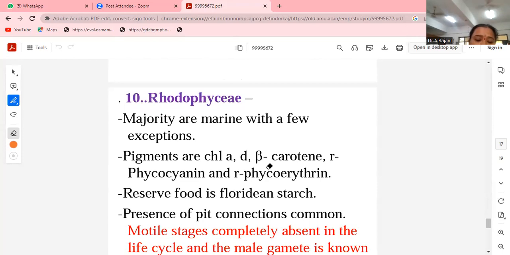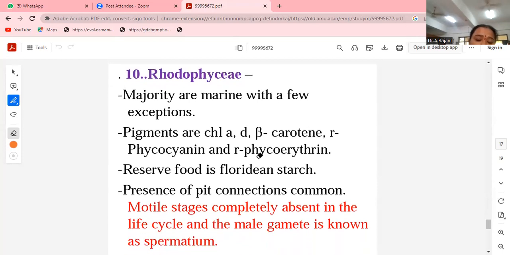Coming to the 10th one, Rhodophyceae. This is also most important. Red algae, the name is called red algae. Usually seawater or freshwater, mostly marine water, only a few, just 1% freshwater algae. The best examples are Polysiphonia and Batrachospermum also.